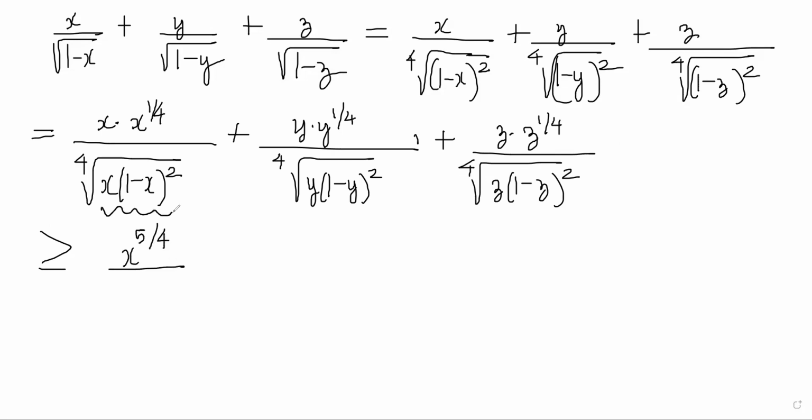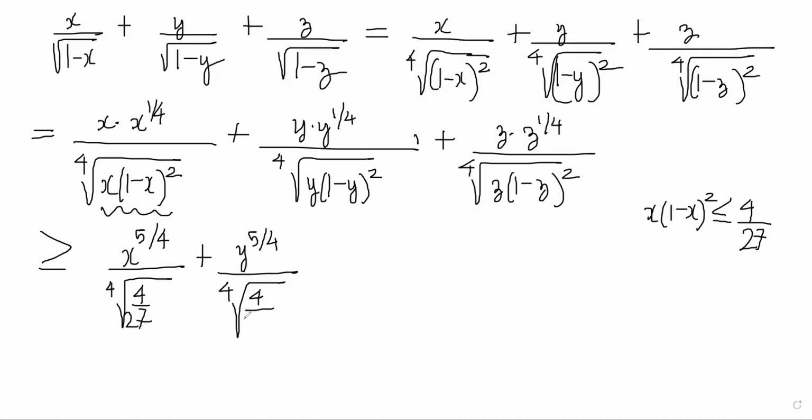We have shown earlier that x into (1 minus x) whole square is less than or equal to 4 by 27, so the fourth root of that will be less than or equal to the fourth root of this 4 by 27, plus y to the power 5 by 4 by fourth root of 4 by 27, plus z to the power 5 by 4 by fourth root of 4 by 27. And because we are putting a bigger term in the denominator, the whole fraction has become smaller. So the sign of the inequality is greater than or equal to this.